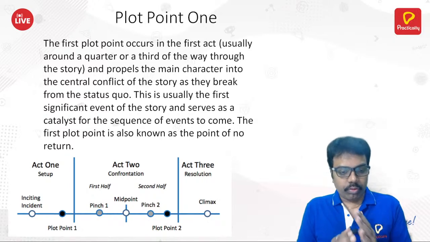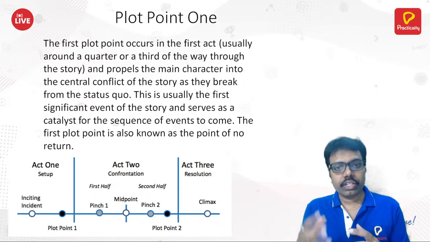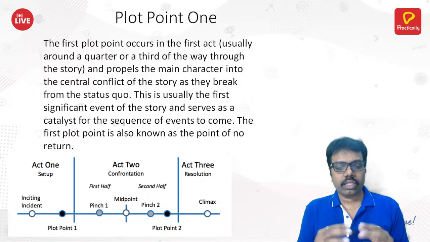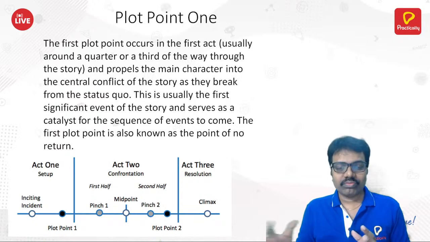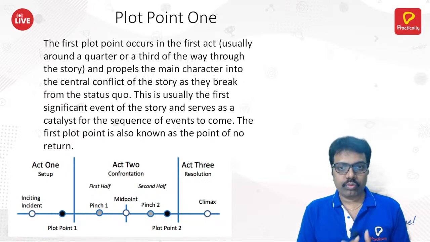From act one he's going deeper into it. Some confrontation, maybe internal confrontation, or maybe external confrontation. Any way it will come. We cannot say that we should make him suffer a lot. Obviously, that is how he needs to reach his goal. He needs to cross his obstacles, and then he'll be reaching his goal. So plot point one is the end of act one.